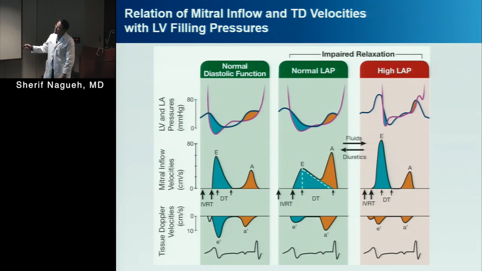When compensation happens to keep the stroke volume going, because you want to keep LV filling going, particularly at a fast heart rate, you have again predominant filling in early diastole, short isovolumic relaxation time, short decel time, but the annular velocities are still reduced. Notice that it's not only annular E prime, but also annular A prime that is reduced.